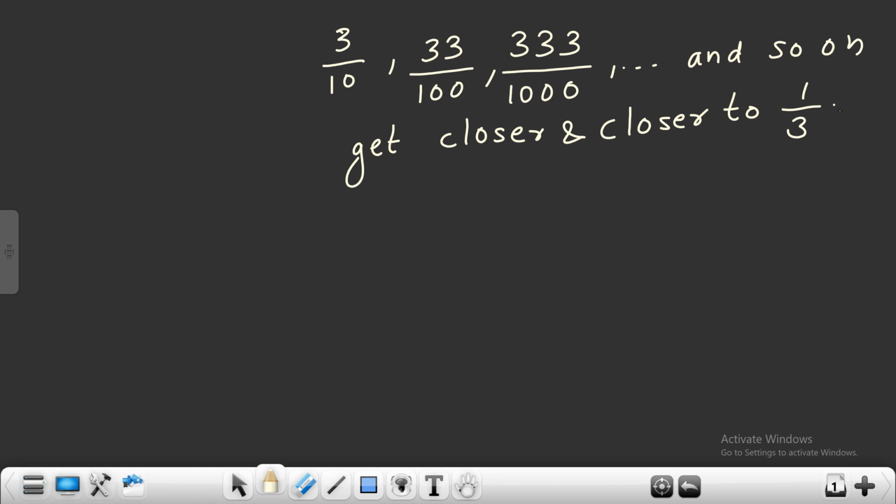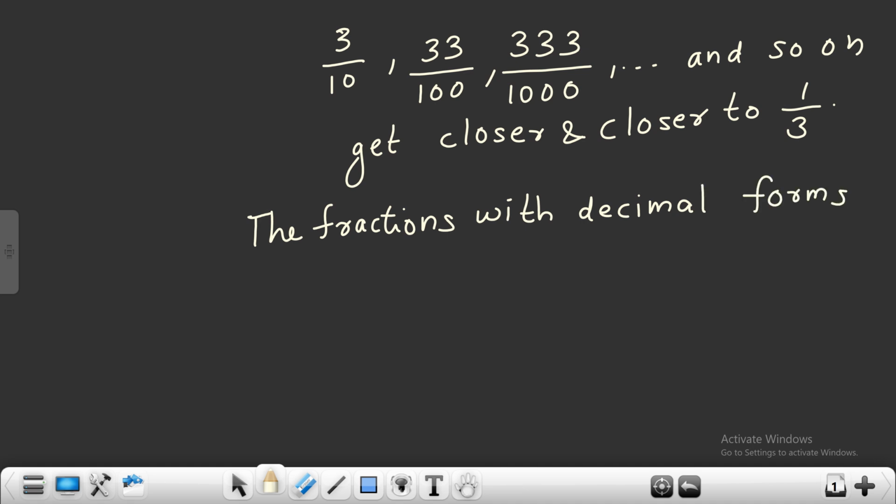Convert these into decimals. The fractions with the decimal forms. Decimal form of 3 by 10. We already studied this. The decimal form is 0.3. The decimal form of 33 by 100 is 0.33. Next is 0.333, etc. And so on.